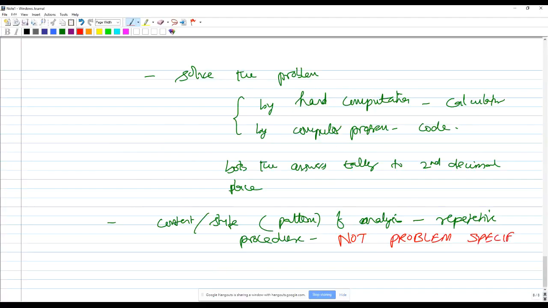It is highly generic. So that's the catch. We are using a very generic principle to solve the problem, or I should say set of problems.